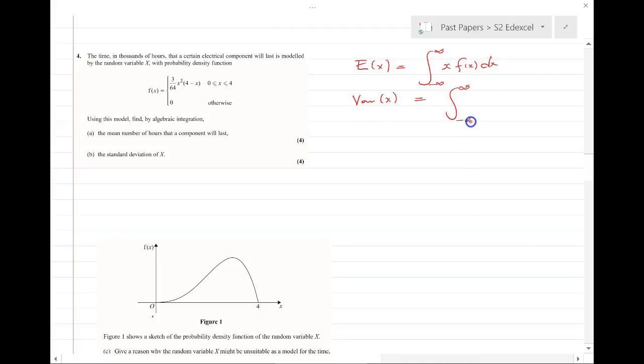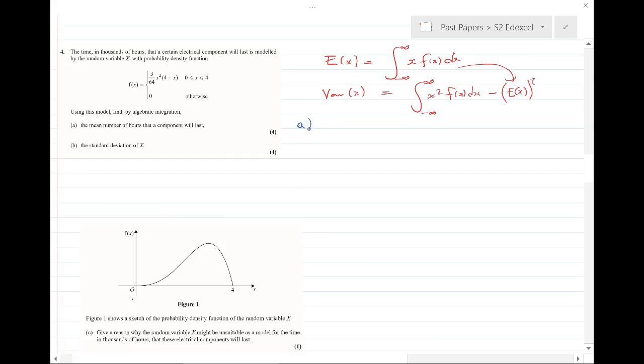is the integral from minus infinity to infinity of x squared f(x) dx minus E(X) squared, so we're squaring that one in there to find the variance. So we're just applying those formulas to this particular case. So here's the PDF, and our range is between 4 and 0.